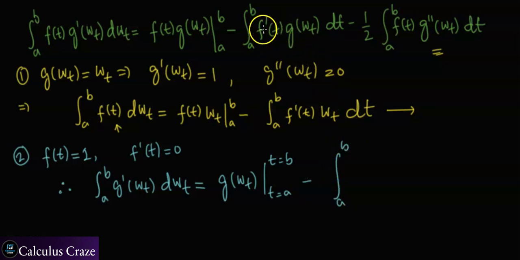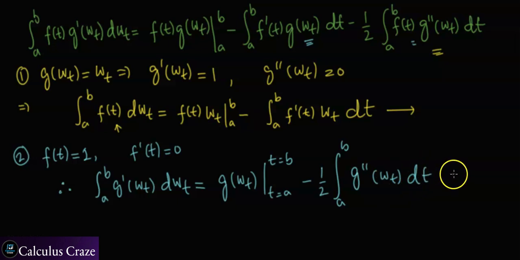Now my first derivative has already vanished, so that term is going to be 0. This term is going to survive: 1 over 2, the second derivative of g, because f of t is already 1, dt. So that's the second result out of this first integration by parts formula.